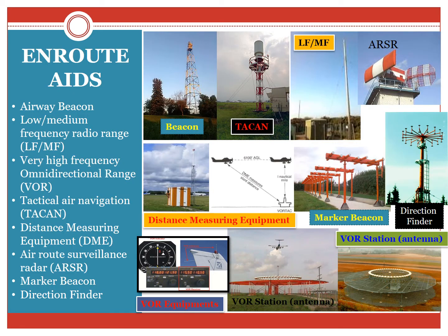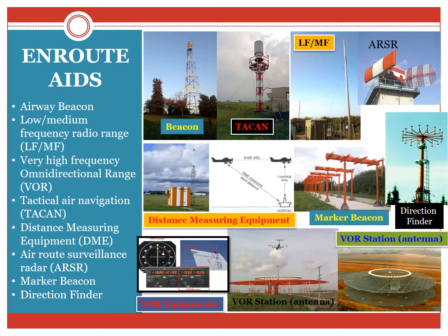So these are some of the types of en route aids. As you can see in the figure: airway beacon, low medium frequency radio range, that is LF/MF, very high frequency omnidirectional range, that is VOR, Tactical Air Navigation, known as TACAN, Distance Measuring Equipment, that is DME.